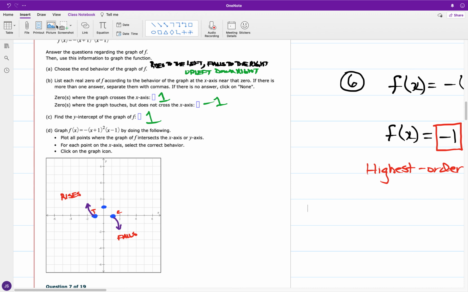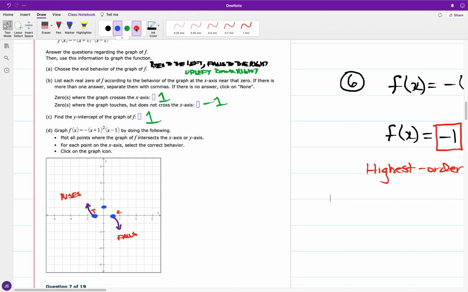I can sketch it like this. Reading from left to right, I have to touch, then I have to go over the y-intercept, and then it's going to start to descend somewhere. And once I get to x equal to 1, the graph is going to cross.